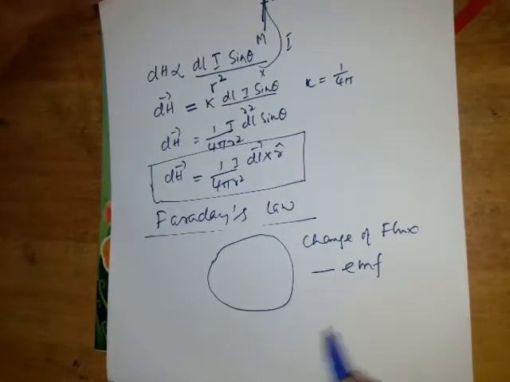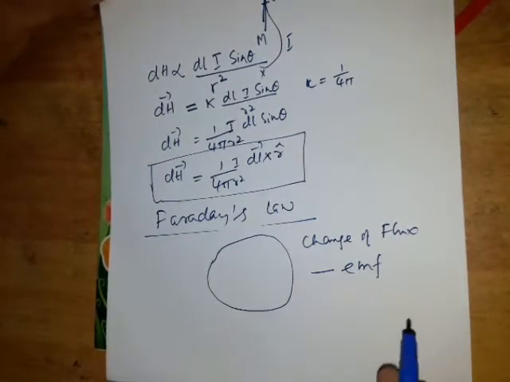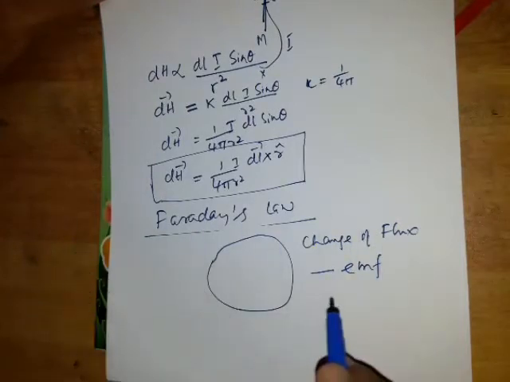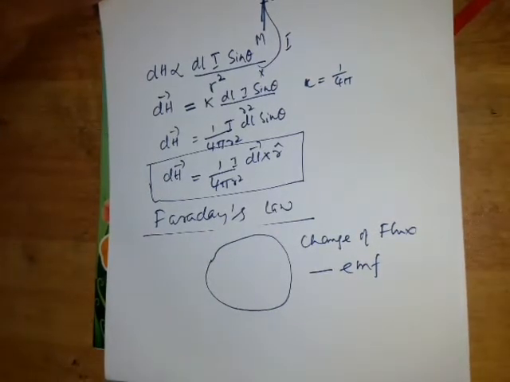The current once again causes a magnetic field. That magnetic field opposes the change in the flux in the circuit.